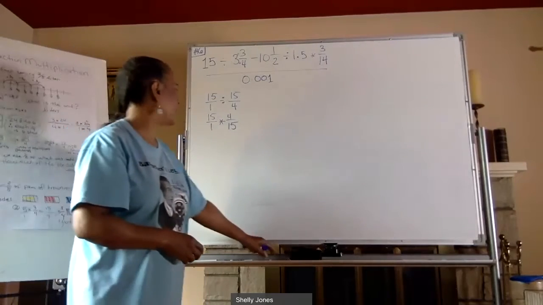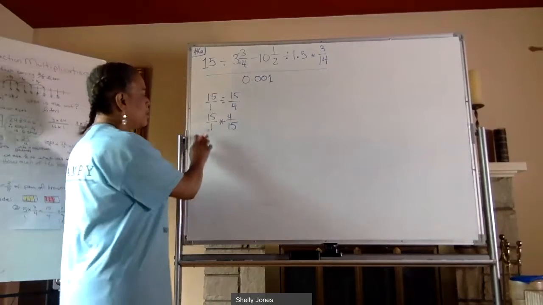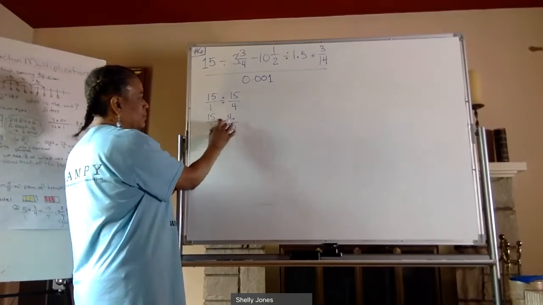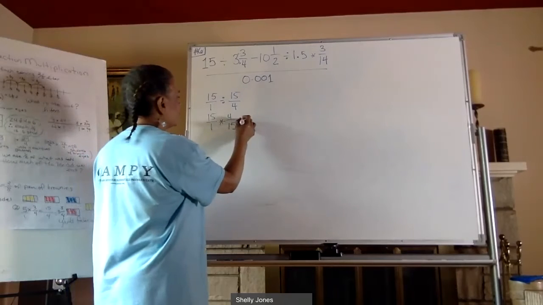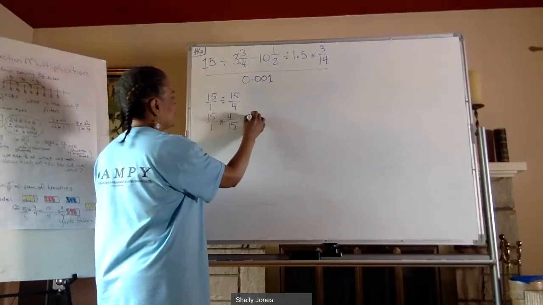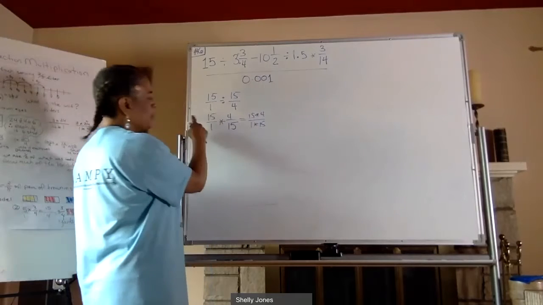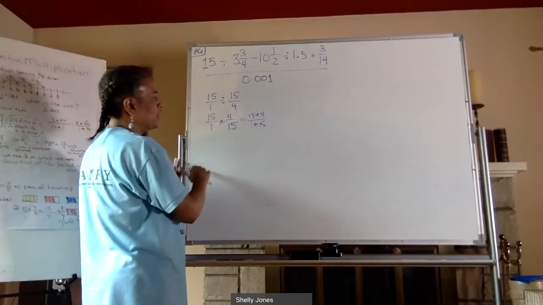And now I'm going to cancel out a common factor of 15. Remember, even though these look across like this, when I multiply, and I'll actually do that out for you so you can see. When I multiply this, 15 times 4 over 1 times 15. Remember, when you multiply fractions, you're multiplying the numerators, and then you're multiplying the denominators.